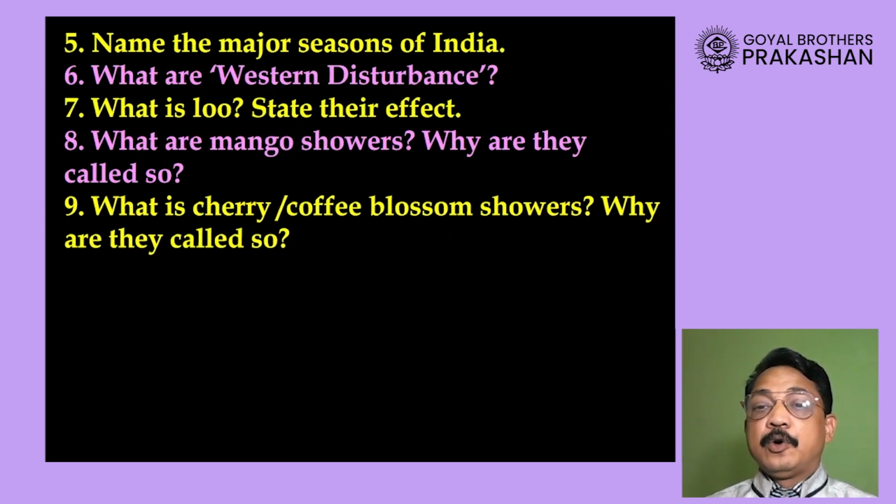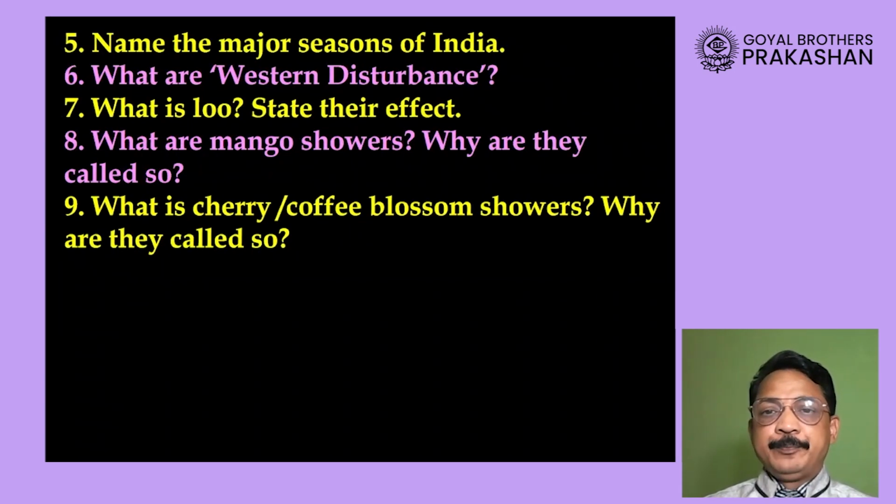They are called so because they are useful in ripening and of course the growth of coffee crop. Now please remember the seeds of coffee, they grow in a berry and that berry looks like a cherry, and because of that the name used is cherry blossom. Okay, cherry blossom or coffee blossom.